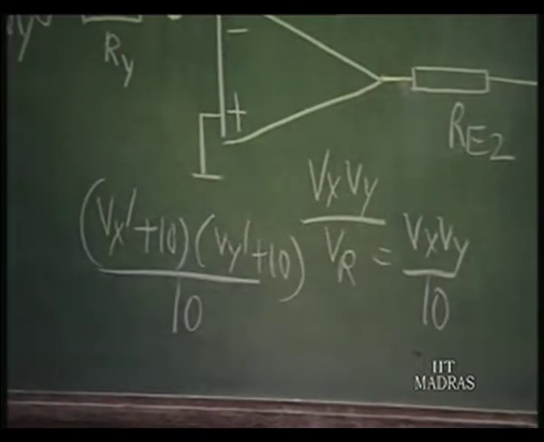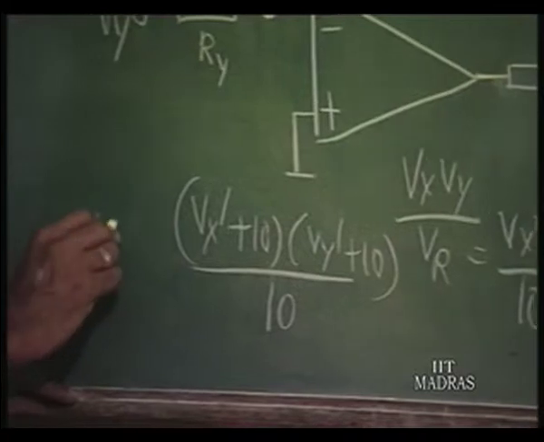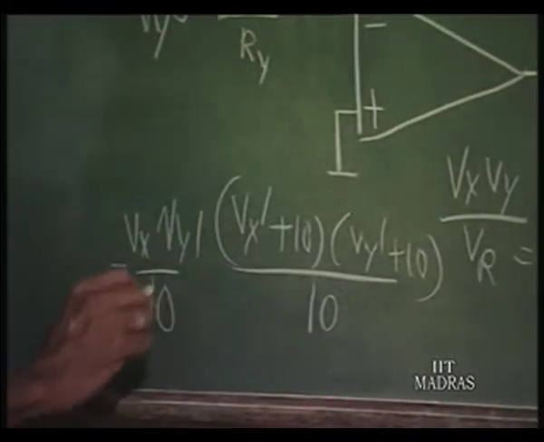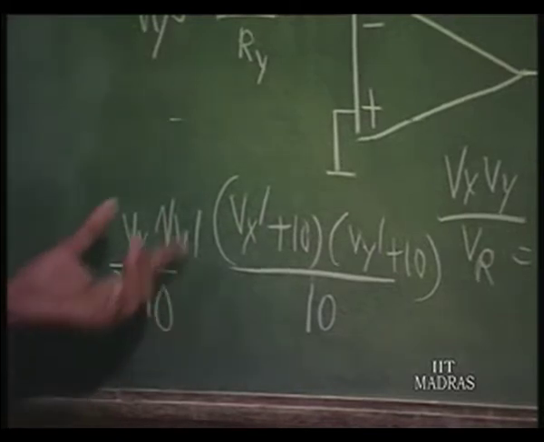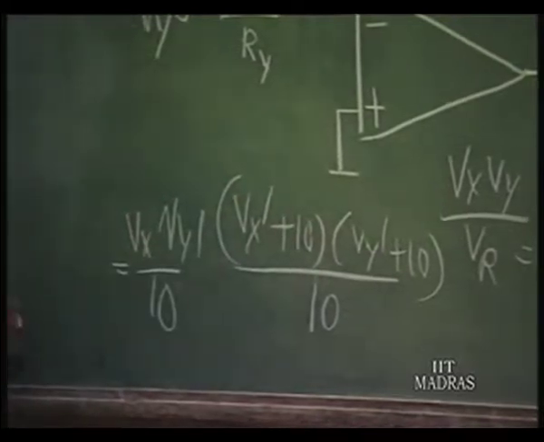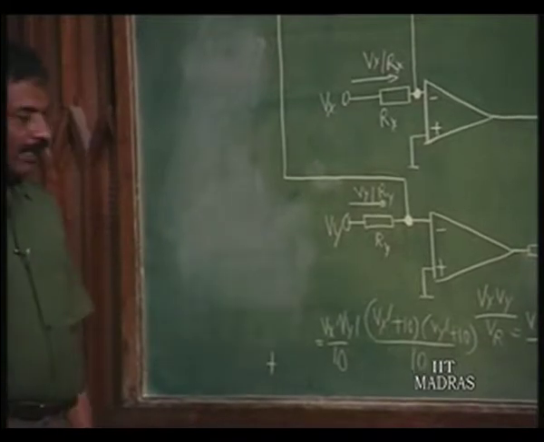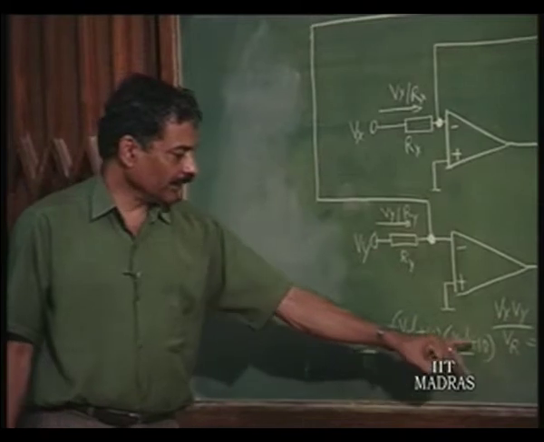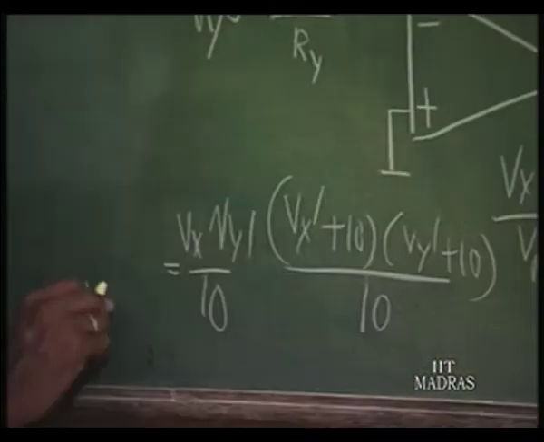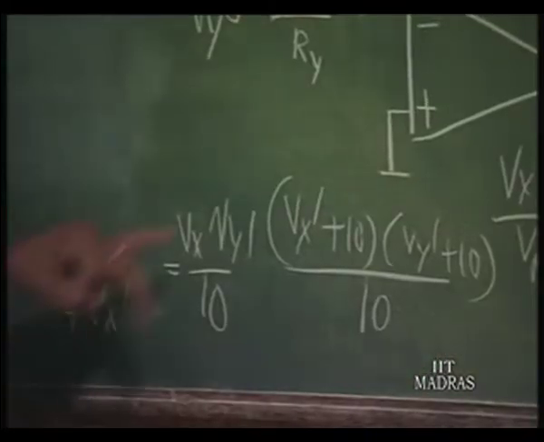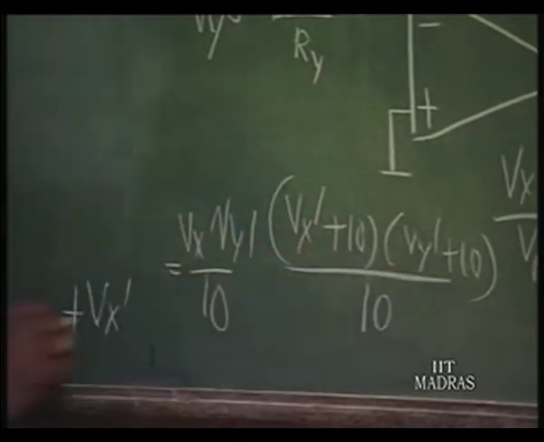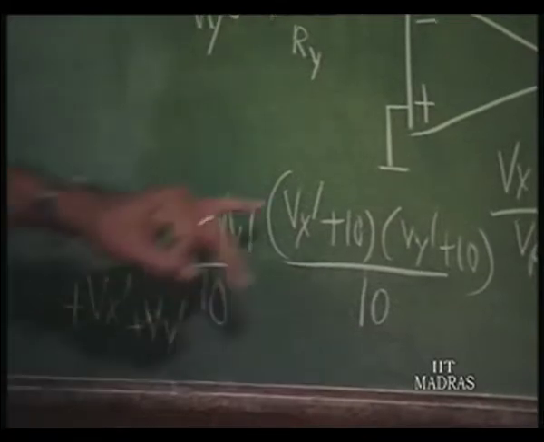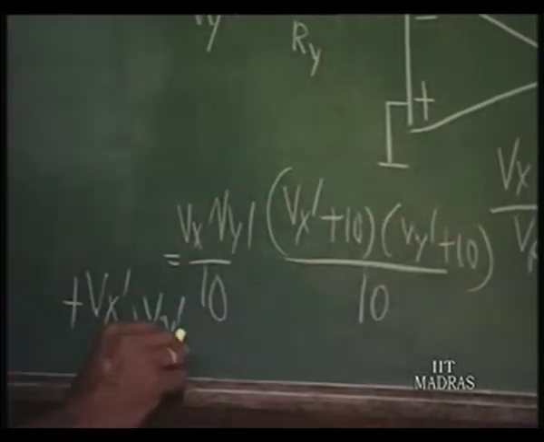So, this is going to be equal to V x dash V y dash by 10, which is what we want here, plus now you will have error components: V x dash into 10 by 10, that means, this will have V x dash along with it, then V y dash into 10 by 10, that is plus V y dash, plus 10 into 10 by 10, that is the offset.